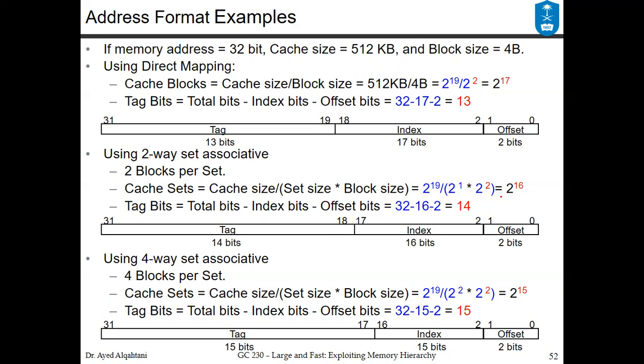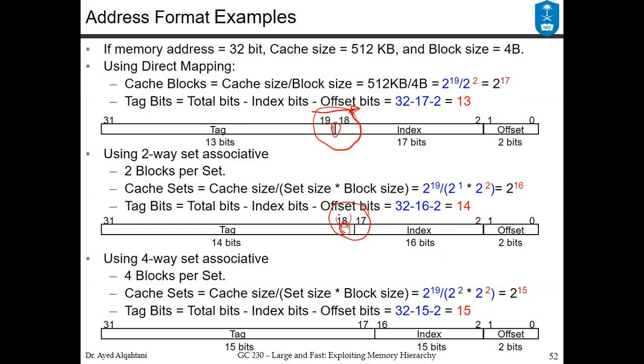And now we have the number of sets as 2 to the power of 16. So we know that the index is 16 bits. And the offset is the same as before, 2 bits. And the remaining bits for the tag are 14 bits. And if you notice the difference between here and here, we moved this line this way, adding one more bit to the tag bits.